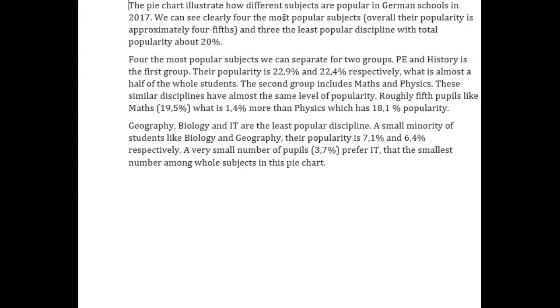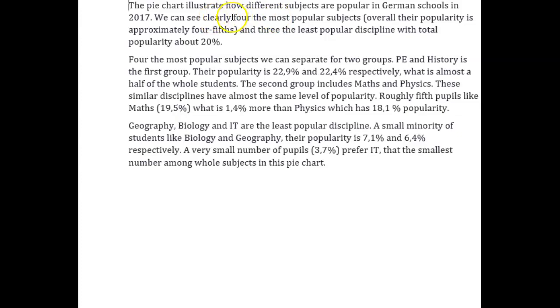When we use the superlative, the most popular, for the purposes of IELTS at least, I would have preferred that you didn't say there were four most popular, because the superlative implies that there's one most popular, right? Now, this is really the strict definition of how to use a superlative like this.